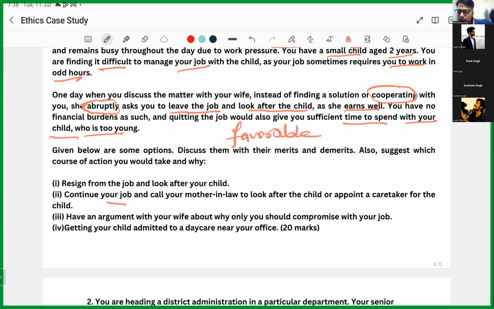Wisdom. What kind of wisdom is that, that just because your wife is not agreeing to cooperate, even you stop cooperating? Even though that job is not that important for you, as mentioned, no such financial burden and all. It means alternatives can be there. Again, three to four demerits, I guess.